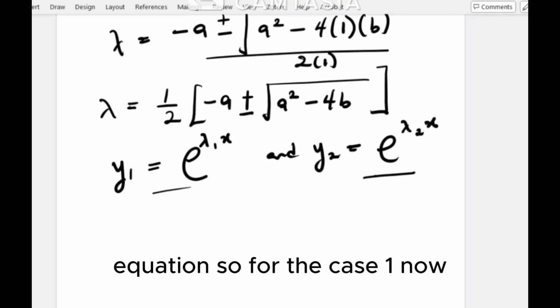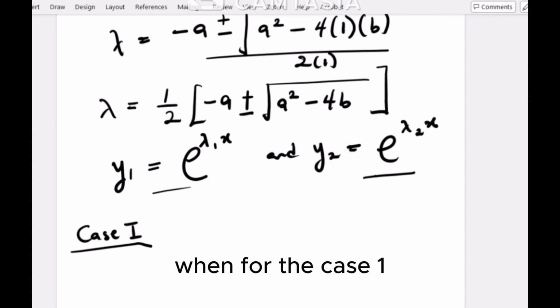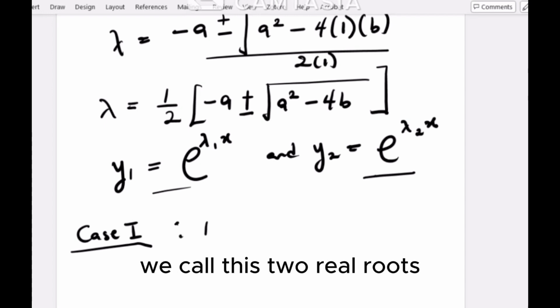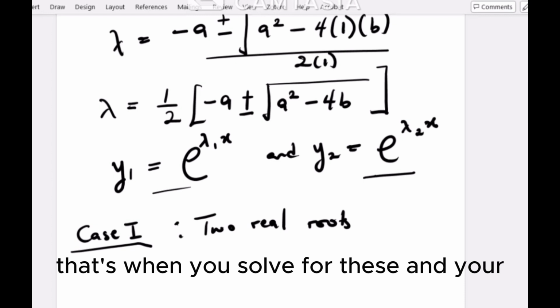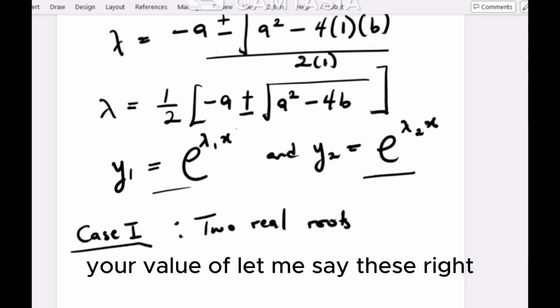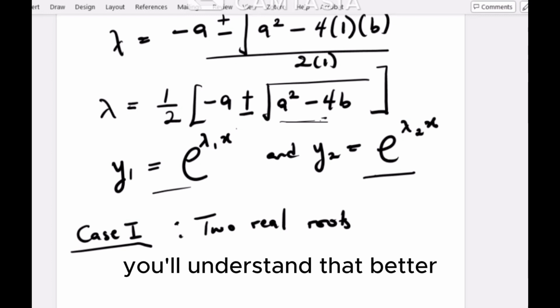So for case one, we call this two real roots. That's when you solve for this and the value of a squared minus 4b is greater than 0. Maybe when we start solving questions, you'll understand that better.